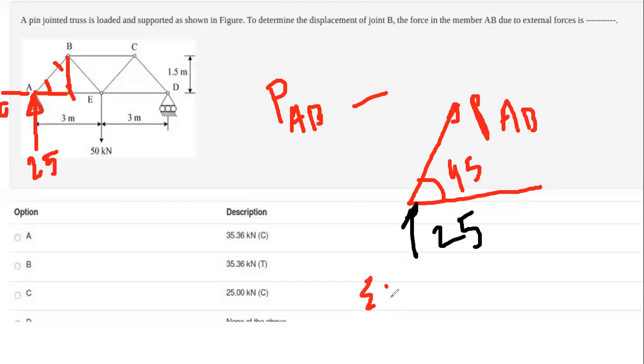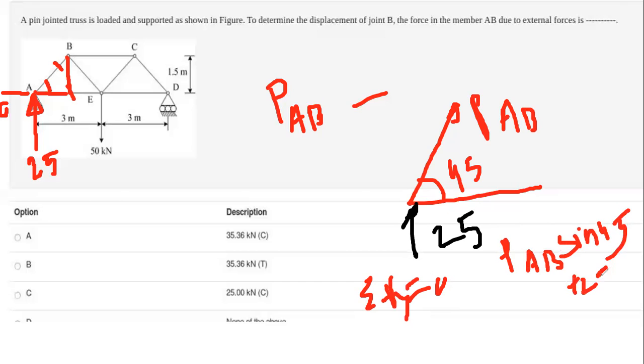So just apply summation Fy equal to 0. So what we get here, PAB sine of 45 plus 25 is equal to 0.